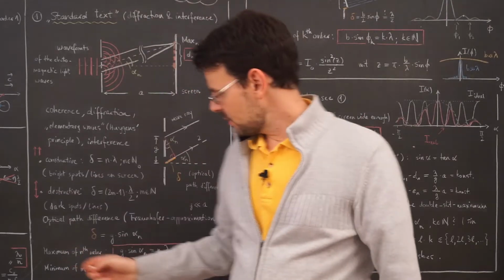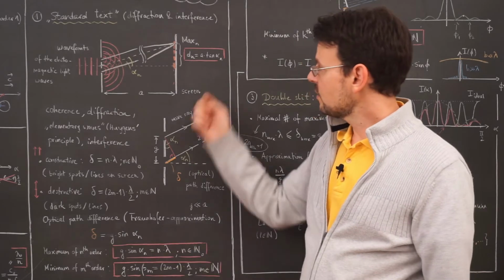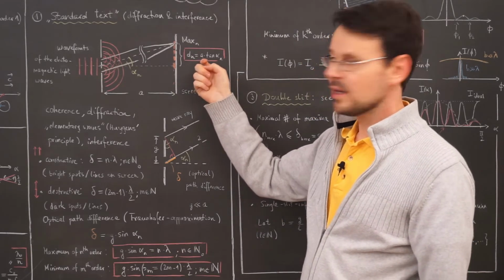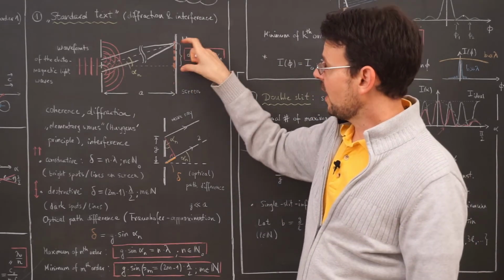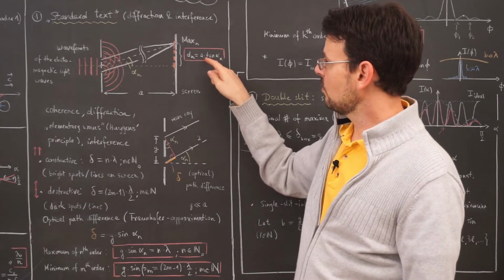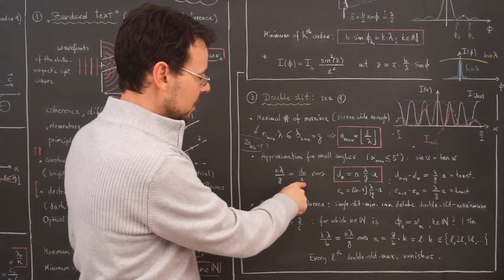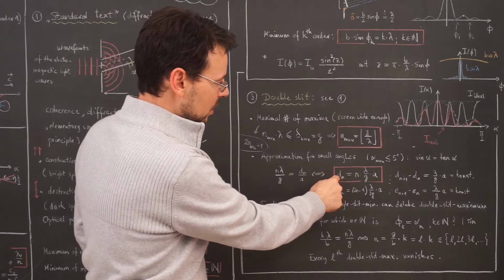And then if you put this formula here, sine alpha is n lambda over g, together with this formula, the tangent of alpha is dn, the distance from 0th maximum to the nth maximum, divided by a, you end up with this. And then you get a very simple formula for dn.